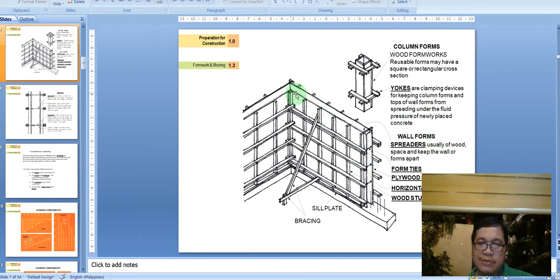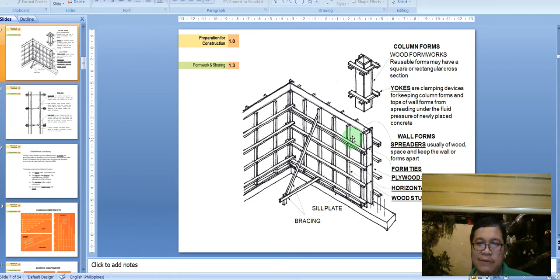Okay, so this could either be of plywood or phenolic, or form ties, the plywood, horizontal studs, and the wood studs. Now, the disadvantage of using plywood is that it's not always very smooth when you remove it. Sometimes you can use it only once, or two times or three times at most, but the surface is not going to be perfect.